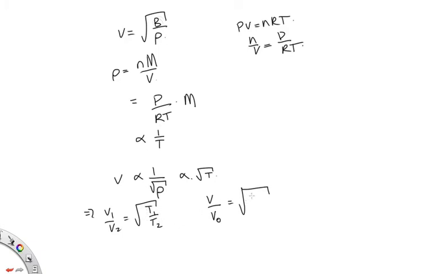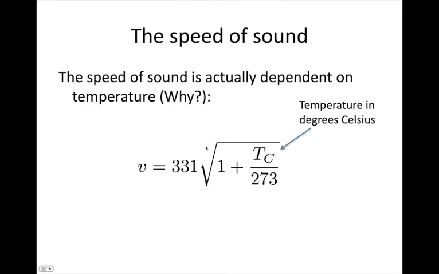So this is T, let's call it Tc plus 273, the temperature in Celsius, over the temperature at 0 degrees C, which is the 273. So this gives us V is equal to V0, the speed at 0 degrees C, times the square root of 273 over 273, which is the 1, plus then we've got the Tc over 273. So that's derived, this equation here.